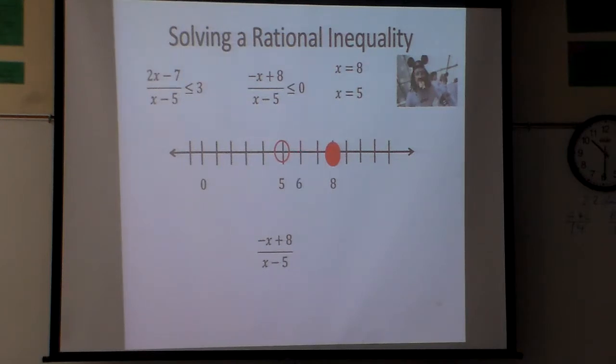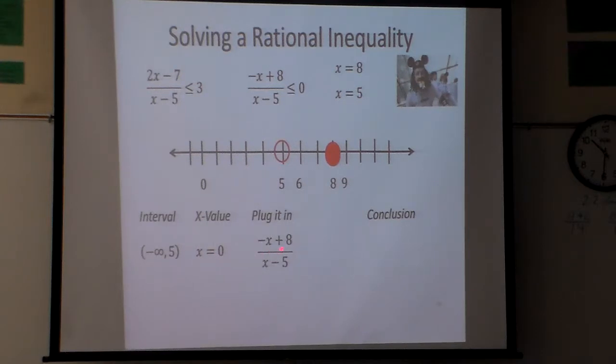So here's how I find out. I'm going to pick a number left of 5. I'm going to pick 0 because that's an easy number to work with. I'm picking the first number larger than 5, because that'll be an easy one. And I'm going to pick 9, the first number larger than 8, to test where these values work. Basically we're going to find these intervals. Anything between negative infinity and 5 will be here, and I picked 0 because that's an easier number.